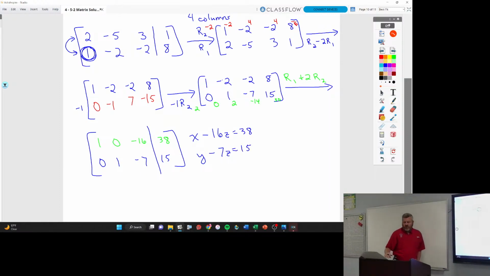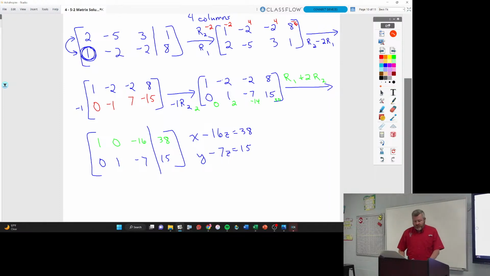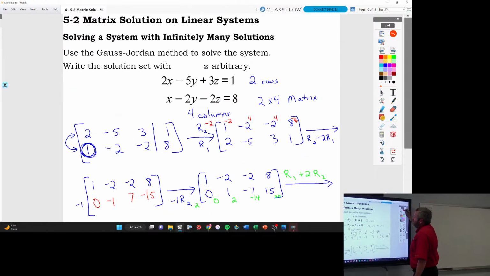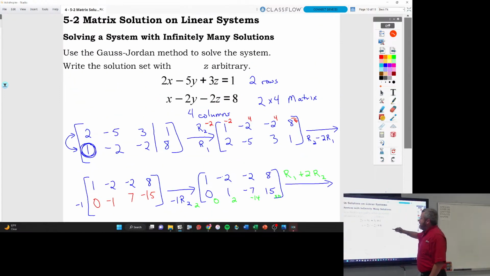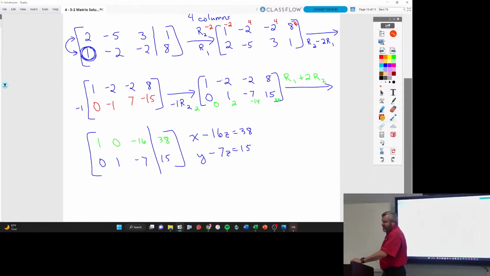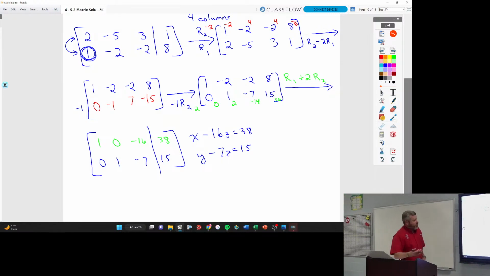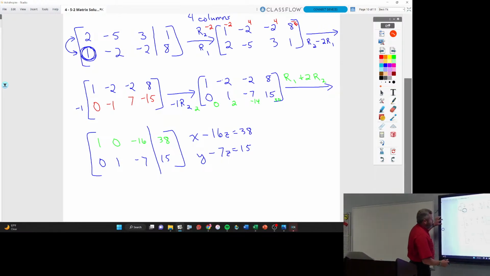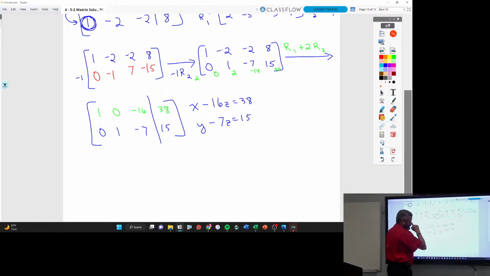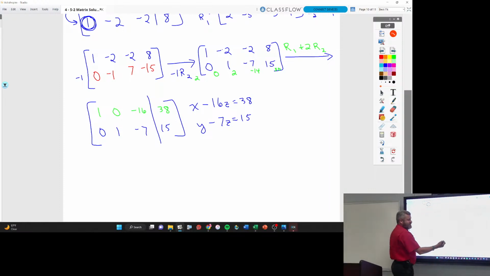So those are my two equations written both in terms of X, Y, and Z. Now the original problem told us to write the solution set with Z arbitrary. So the answer is still going to include Z in it. So what does X equal? If I got X by itself, I would have to add 16Z to both sides.